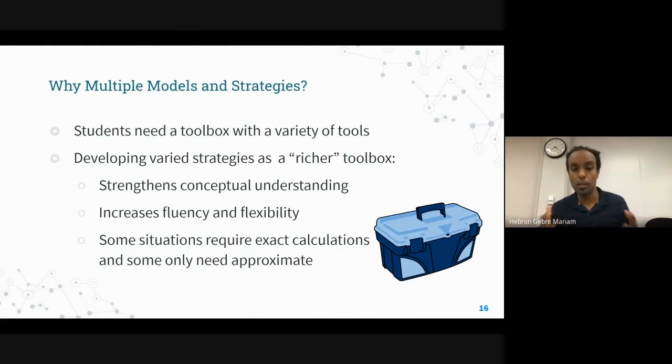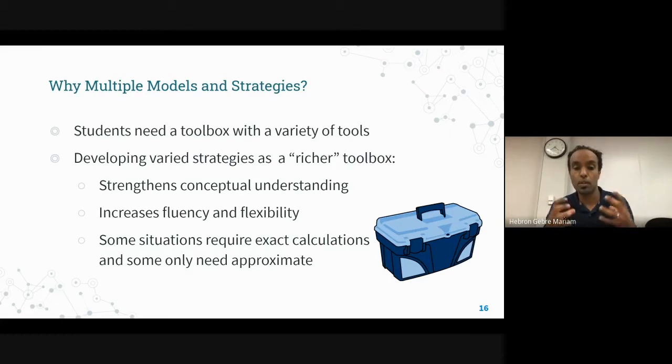When you think about estimation, it's making sense of the numbers and knowing what to use when and which tools fit. All these sense-making tools in your students' toolbox build confidence.